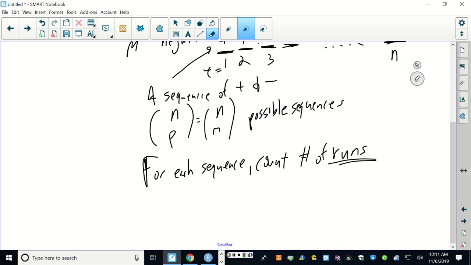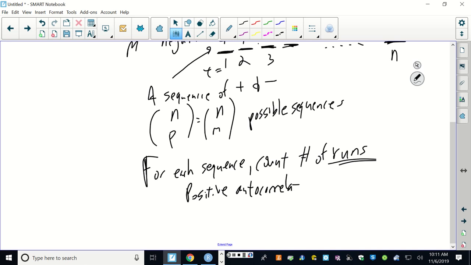Positive autocorrelation is when you get a small number of runs, smaller than you would expect under just being random. Negative autocorrelation is you're going back and forth faster, so you get more, but often we're concerned with positive autocorrelation.